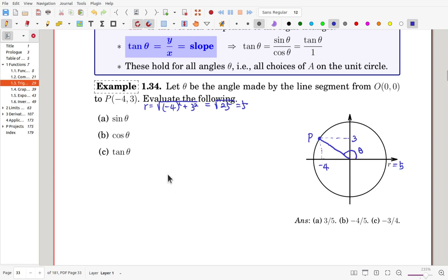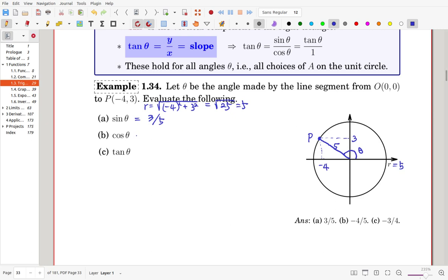Sine theta is always the vertical component, and r is 5. So the vertical ratio is 3 over 5. Out of this length 5, there is a 3, so sine theta is 3 over 5.